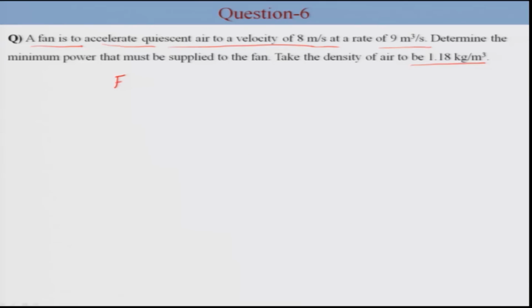So, applying an energy balance, the rate of net energy which is transferred in because of heat, work and mass minus the rate of energy which is going out because of heat, work and mass is equal to the change in energy of the system.